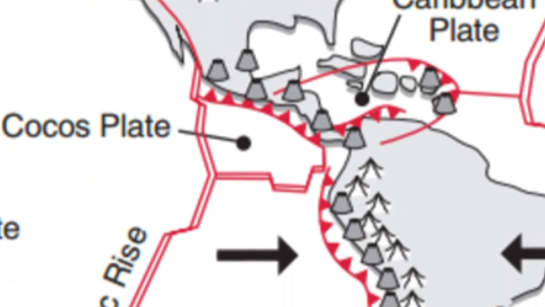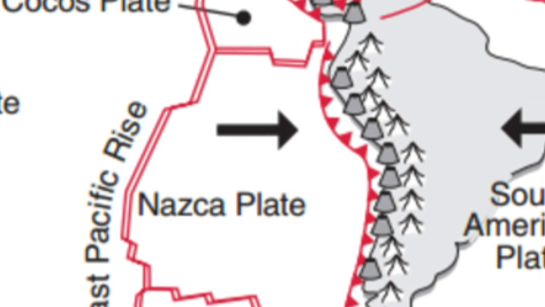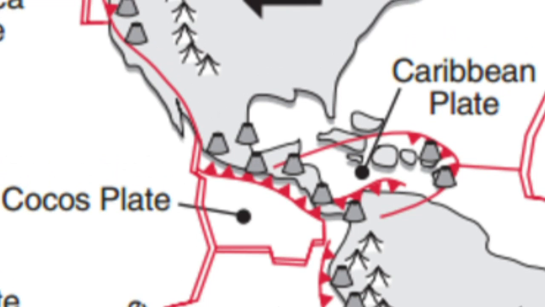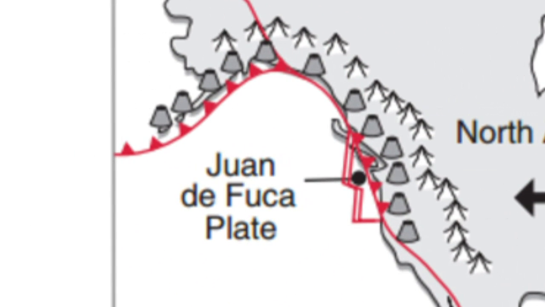One interesting thing about where we live, maybe even closer to the coast from Vancouver up towards Alaska, is that if we look at this diagram, we can see a bunch of volcanoes right off our coast. You can see Vancouver Island, and right next to Vancouver Island there's a volcano.